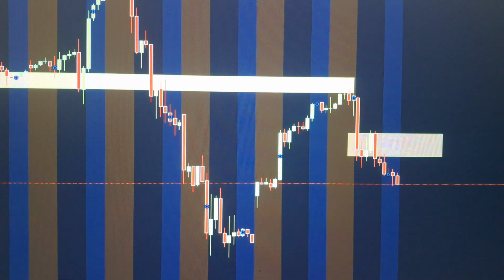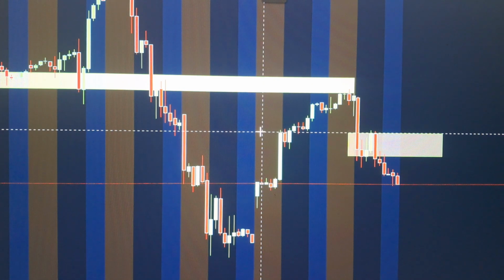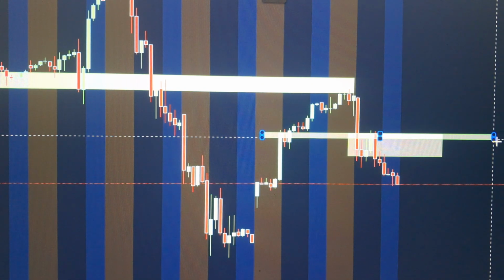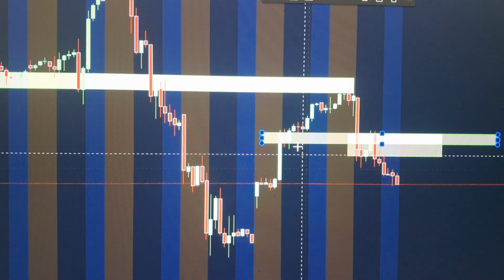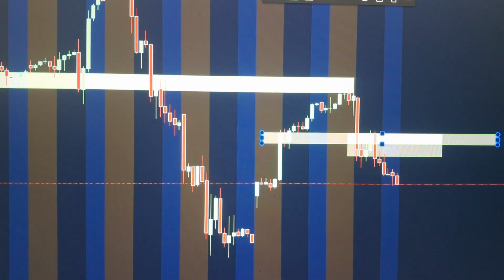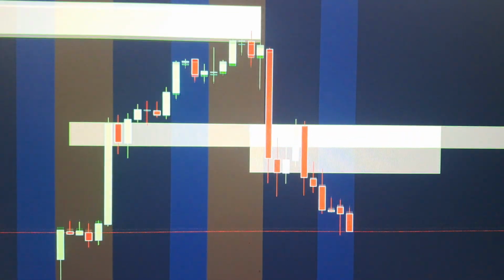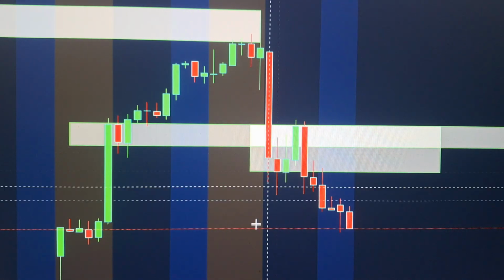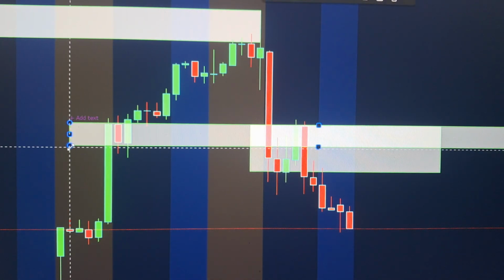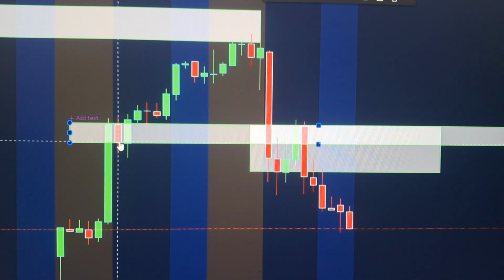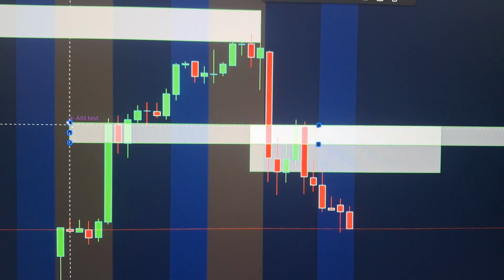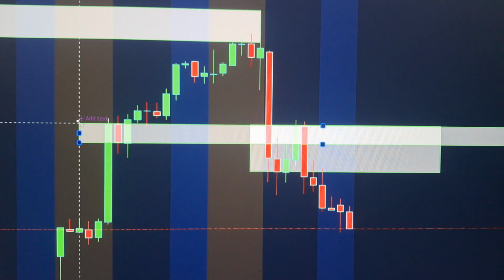You had this zone over here that I was watching to see if it broke. You can see the box range over here, and hopefully you can see that. Sorry guys. So you had this box range right here. When it comes to these boxes, I always mark them on the body of the candle, typically from where it stops on the second candle.